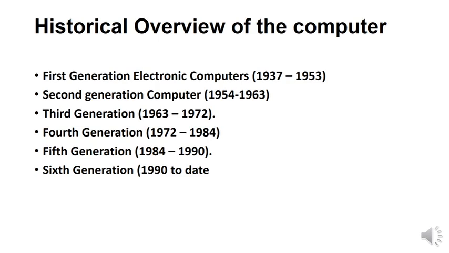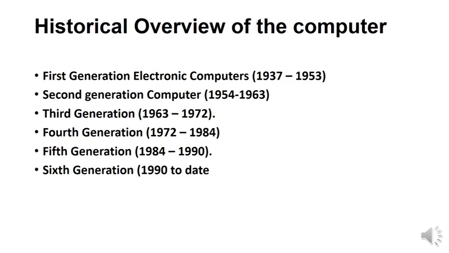It was popularly called ENIAC, and it was built by J. Presper Eckert and John von Neumann. They were from the University of Pennsylvania, and they did incredible work at that time.